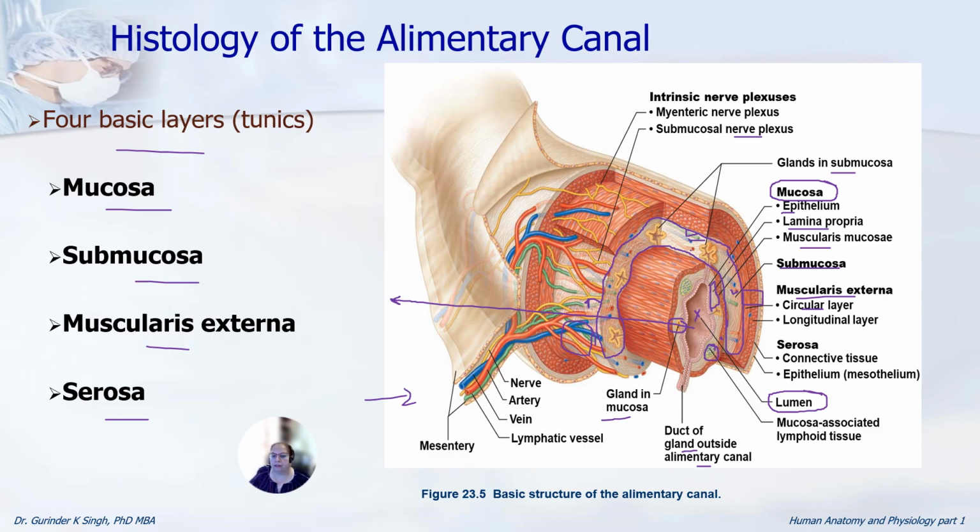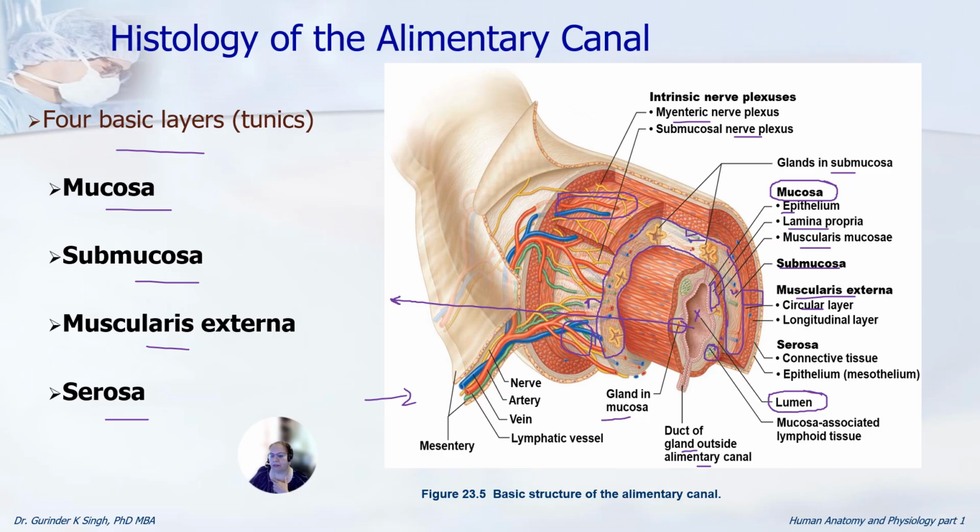Between those two layers you also see blood vessels and nerves present. This kind of nerve system is known as the myenteric nerve plexus. Then outside is the serosa membrane.